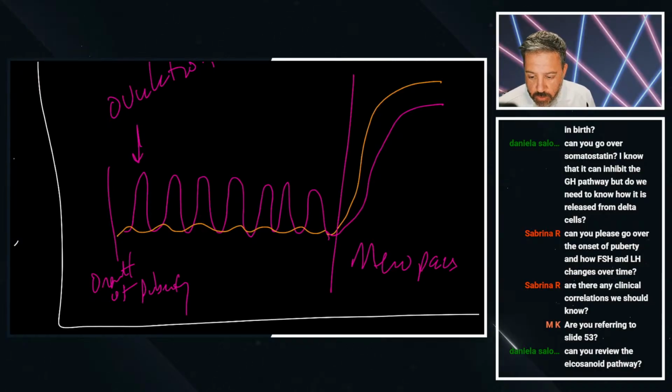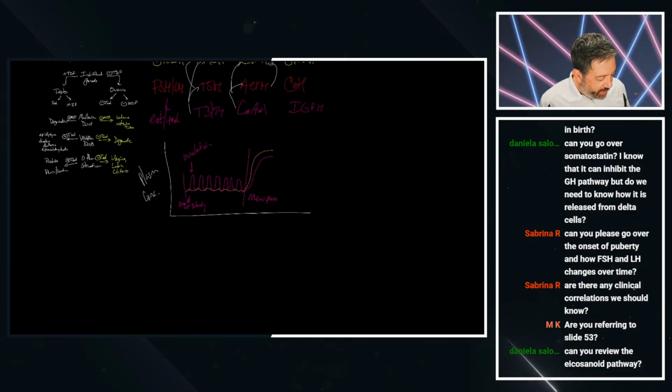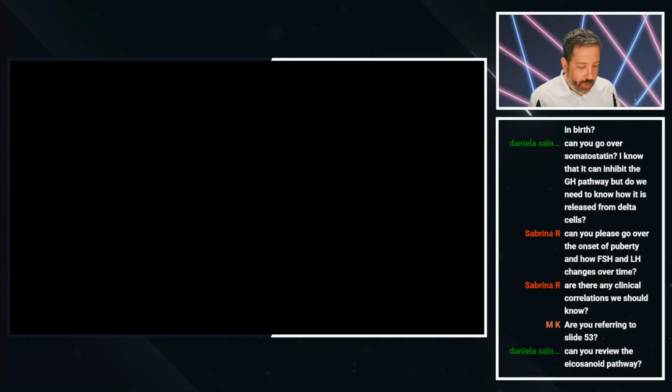Eicosanoid pathway. Okay. You don't really have to know that much detail for this class. You will have to know it for Dr. Wood, though, eventually. The big thing is we have these secondary messengers derived from arachidonic acid.